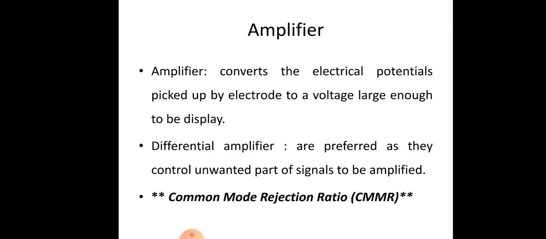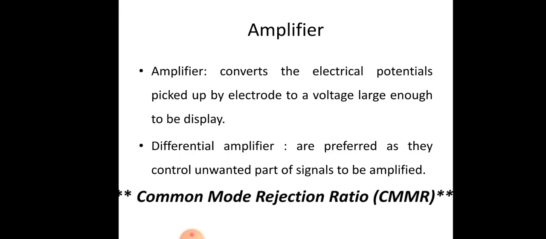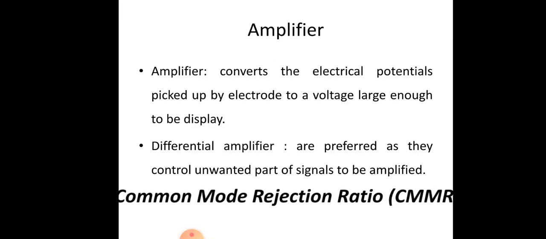There's one important type of amplifier, that is your differential amplifier. What they do is differentiate what is needed and what is not needed, and what is not needed they don't amplify, they just reject. When we talk about rejection in the amplifier, there's one term called common mode rejection ratio, which is very important in EMG.